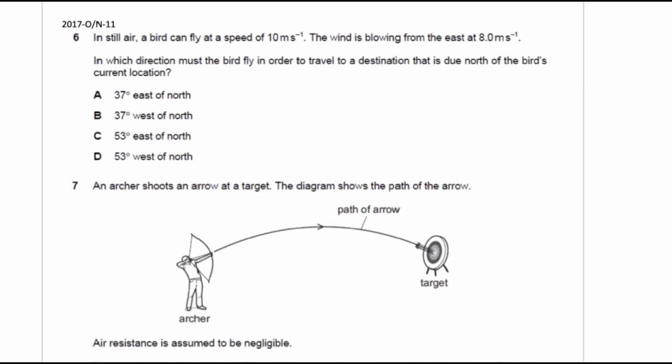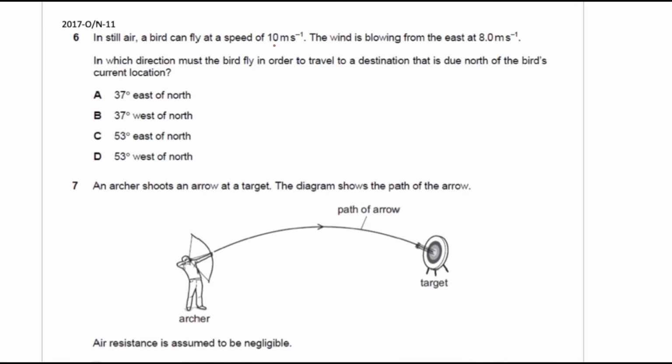Let's look at this. Question 6. In still air, a bird can fly at a speed of 10 meters per second. The wind is blowing from the east at 8.0 meters per second.